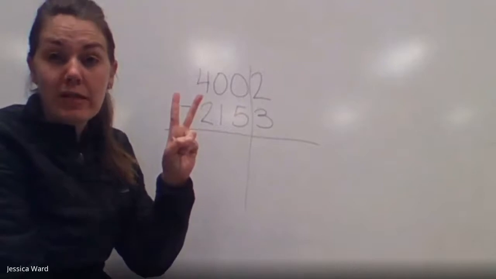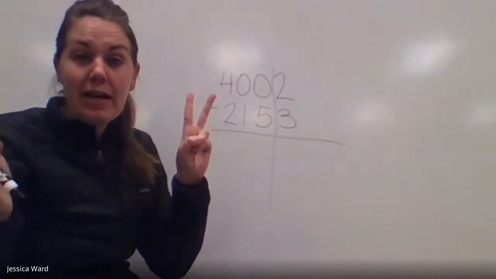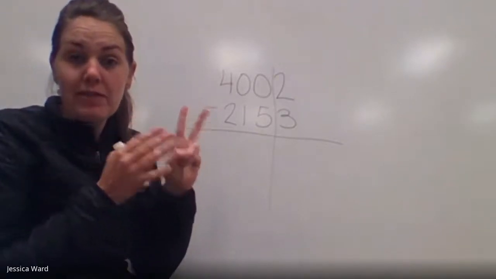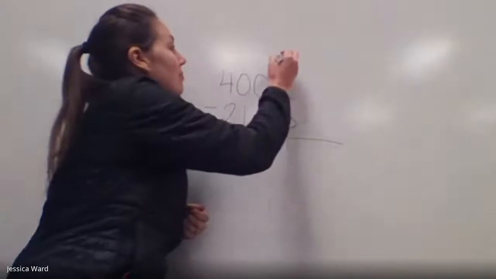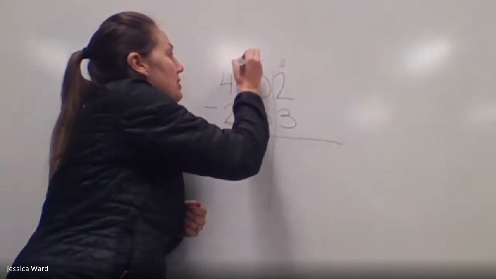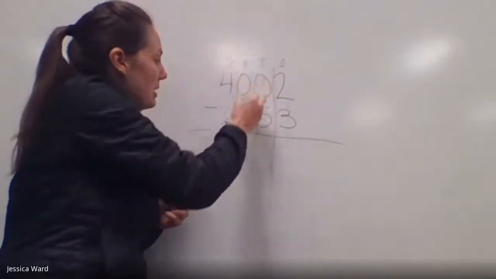So you'll notice down below on page 76, they have it broken down into your place value chart. So we have 1, 10, 100, 1,000, right? So each of these has a place value.